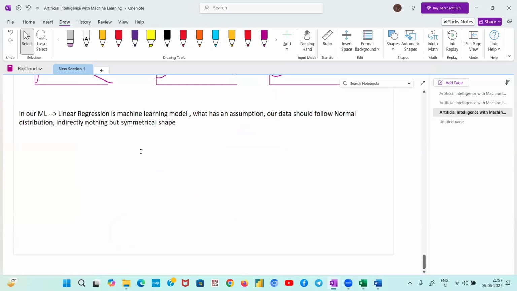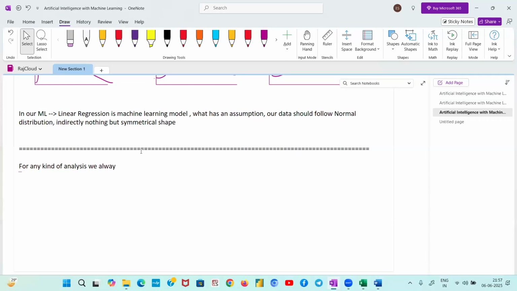For any kind of analysis, we always start with collecting data. Note this point. Data is either structured or unstructured, continuous or discrete, whatever it is, but collecting the data is a common thing.